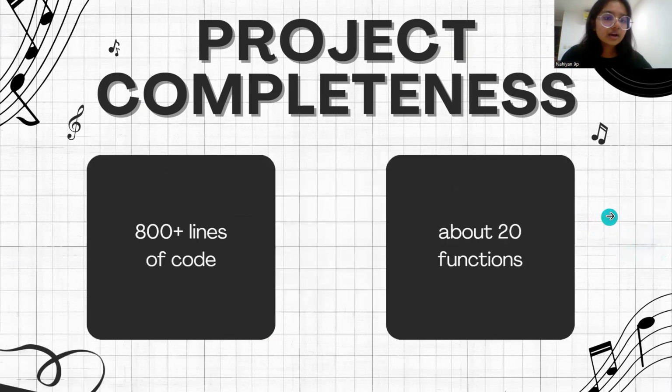The requirement was more than 100 lines of code; in our program, we used 800 plus lines. The requirement was also about 5 different functions to ensure the code is stable and structured properly; we used about 20 different functions.